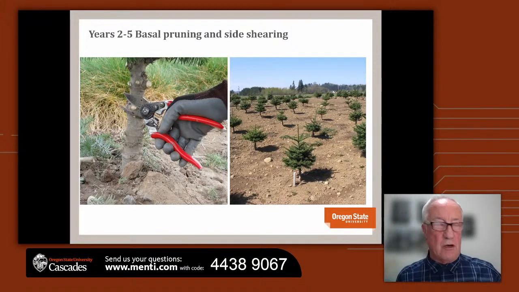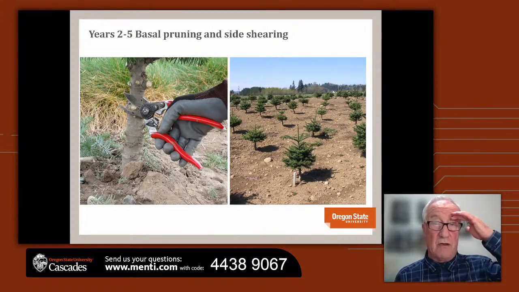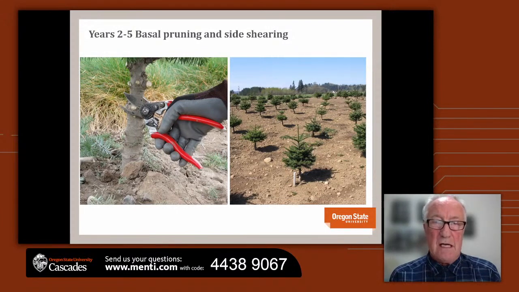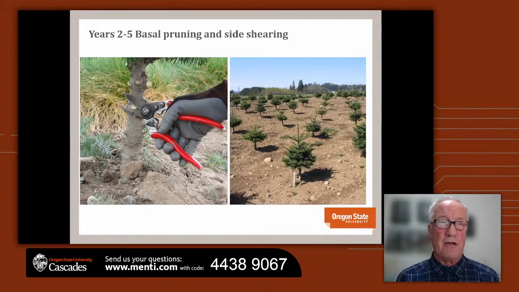So moving on to what growers are doing year by year. In the first 2 to 5 years, particularly on noble fir, growers are doing basal pruning. So that's the process on the left where growers are cutting off the bottom branches. This does a number of things for the field. It helps with the airflow through the tree, so we're getting less disease pressure building up on dense trees.